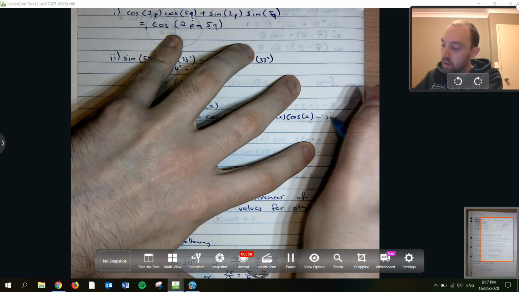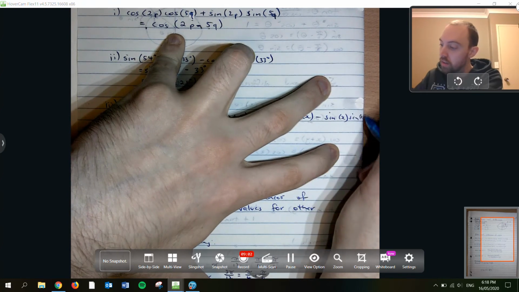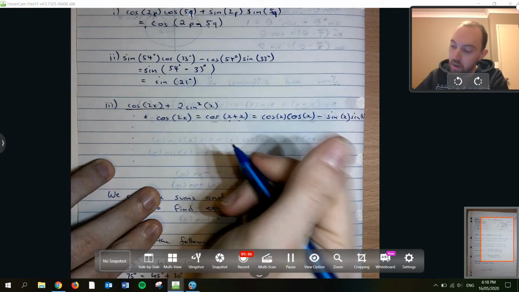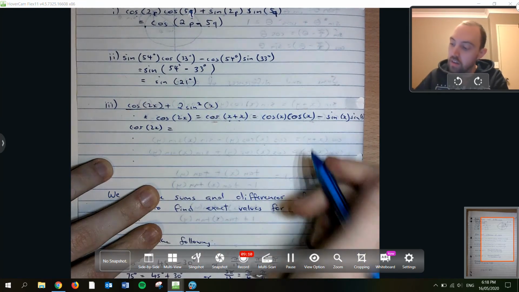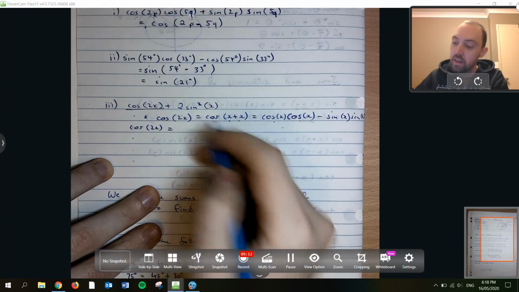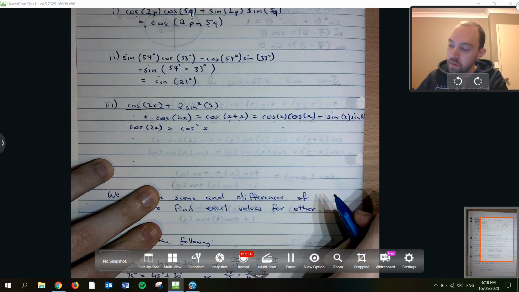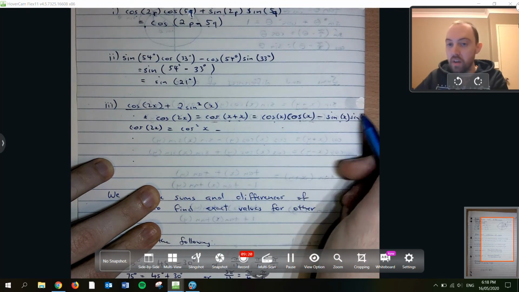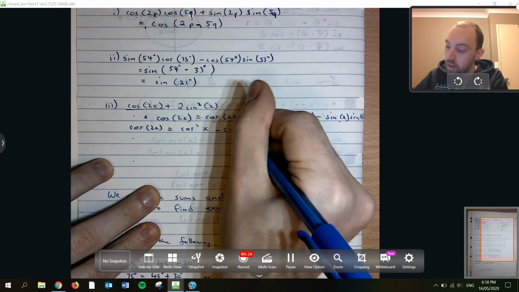Take sine of x, sine of x. Let's just write it like this. Cos 2x is equal to cos x times by cos x, which is cos squared x, take sine x times by, and I know you can't see it now, but that's also sine x, sine squared x.